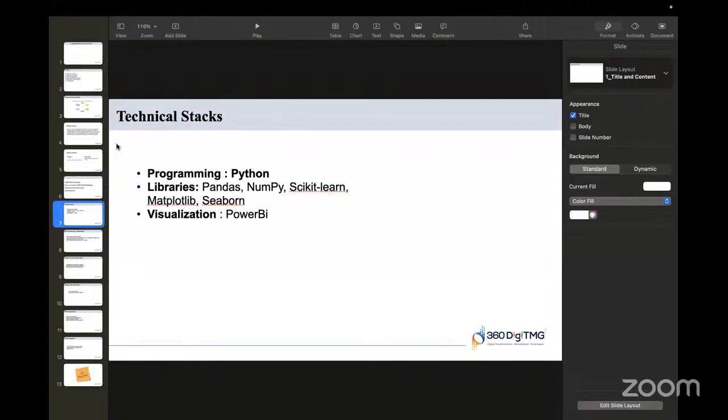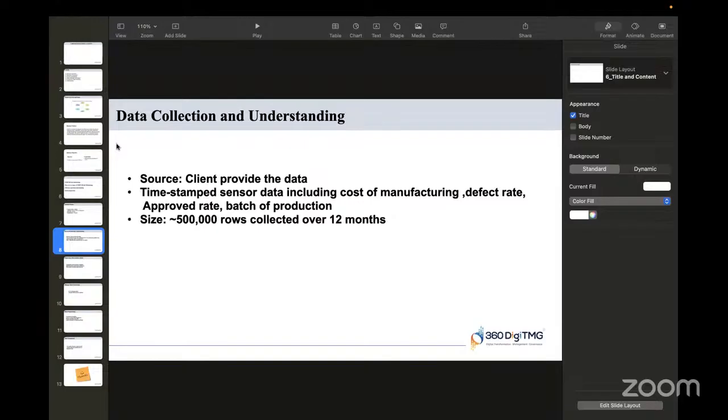We used Python libraries: NumPy, scikit-learn, Matplotlib for data visualization, and Seaborn for advanced data visualization. We made the dashboard of the analysis in Power BI Desktop.